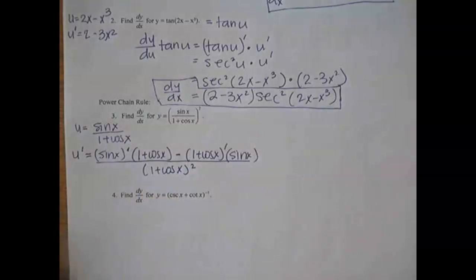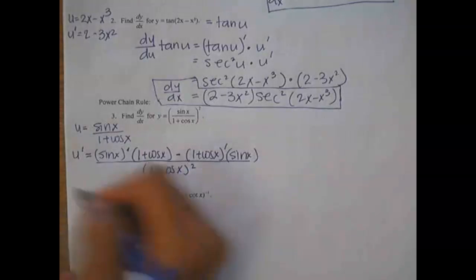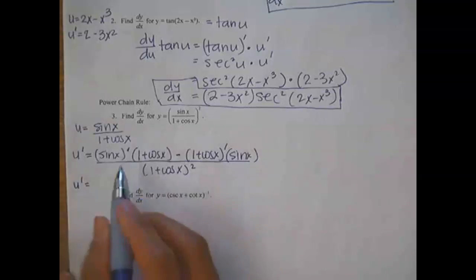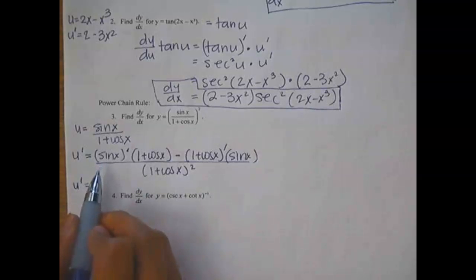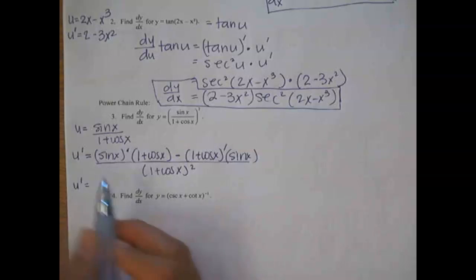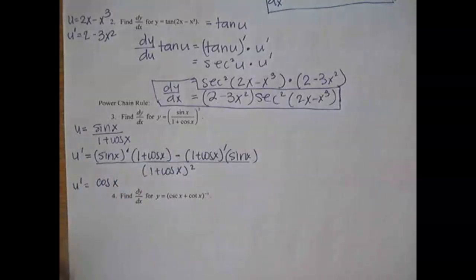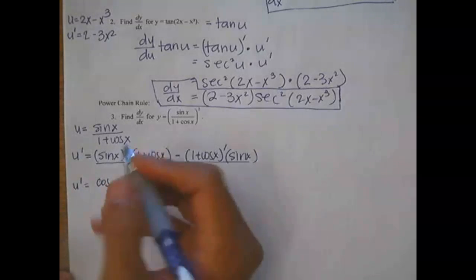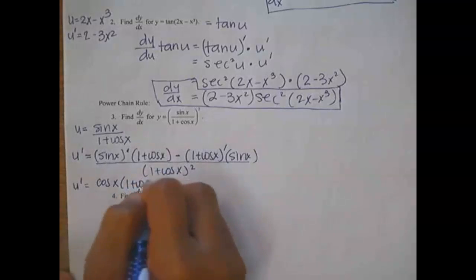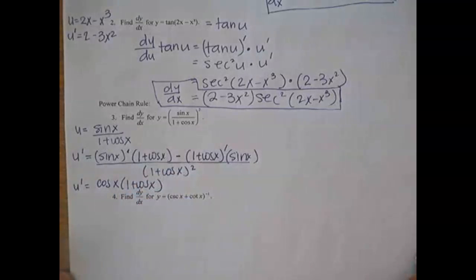All right? So from here, I have to simplify out my u prime. So u prime equals the derivative of sine is going to be cosine. This is going to copy it over. Okay.